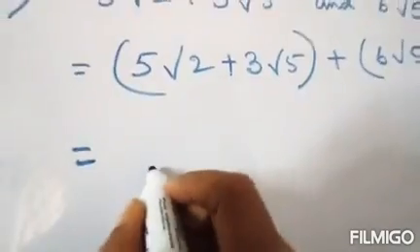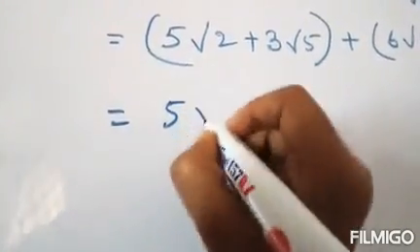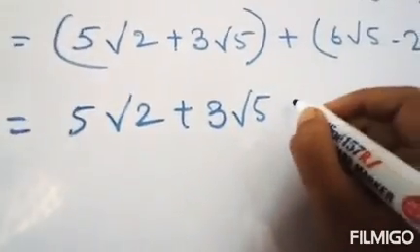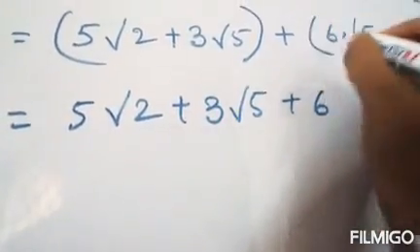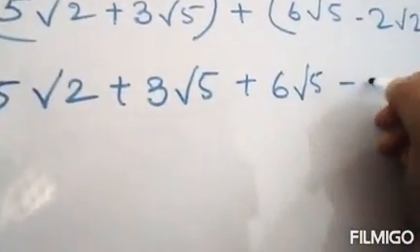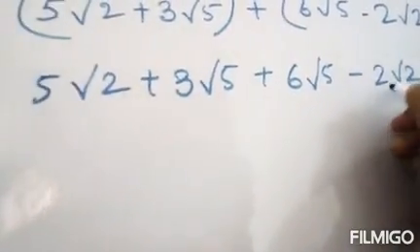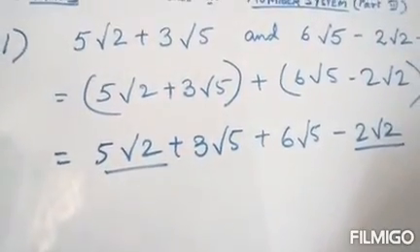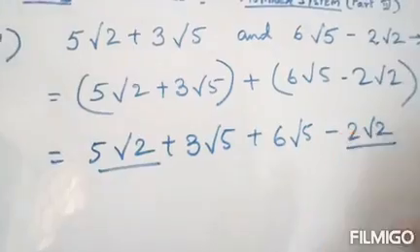So it will be 5 root 2 plus 3 root 5 plus 6 root 5, and plus minus means minus 2 root 2. Now this 2 root 2 and 5 root 2 we will group together, taking root 2 common.